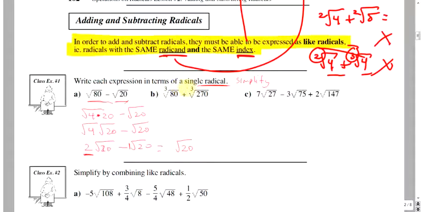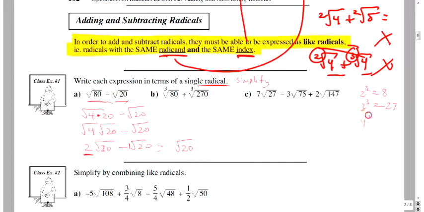Cubed roots. What's our cubed table? 1 times 1 times 1 is 1. So the cubed root of 1 is 1. 2 times 2 times 2 is? So the cubed root of 8 is 2. 3 times 3 times 3 is 27. So the cubed root of 27 is 3, and so on.